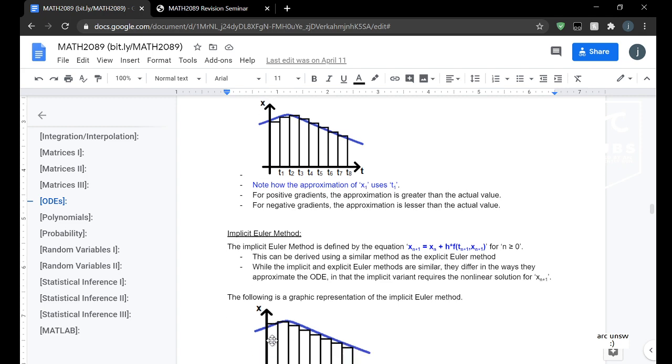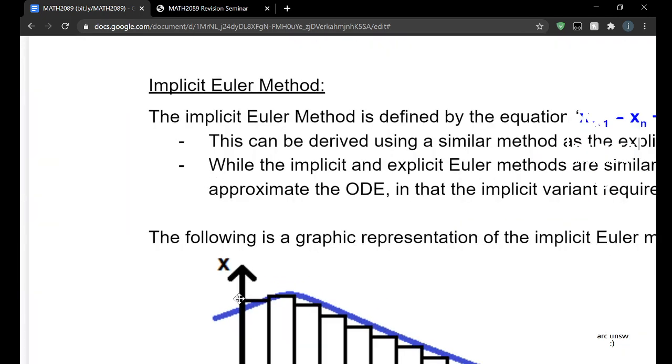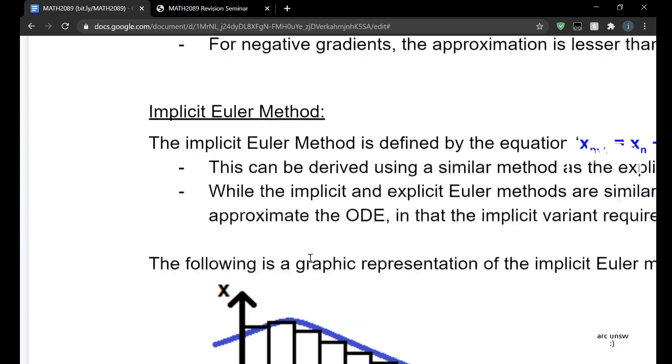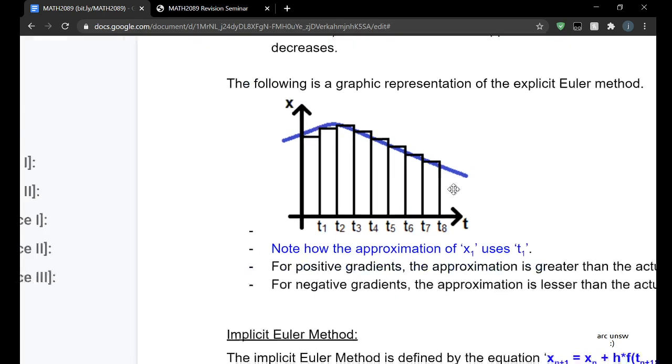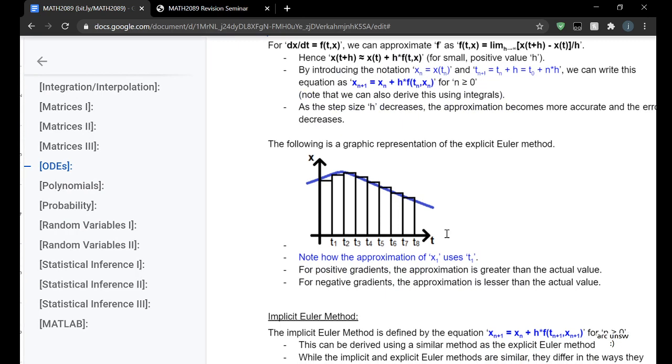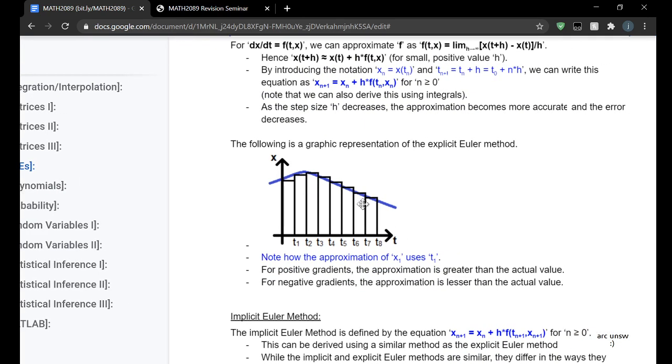As you can see here, the rectangle here relies on the second point, whereas the rectangles here rely on the first point as the heights of the rectangle. For positive gradients, the approximation from the explicit Euler method will be greater than the actual value.